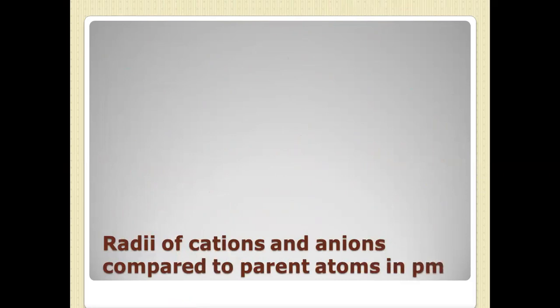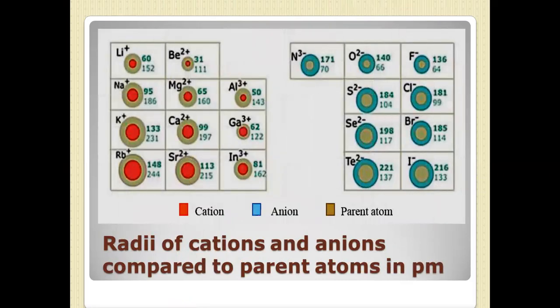So here are the radii of cations and anions compared to the parent atom in picometers. You can keep an eye on this. This is your radius. As usual, down the group, the ionic radius is increasing.